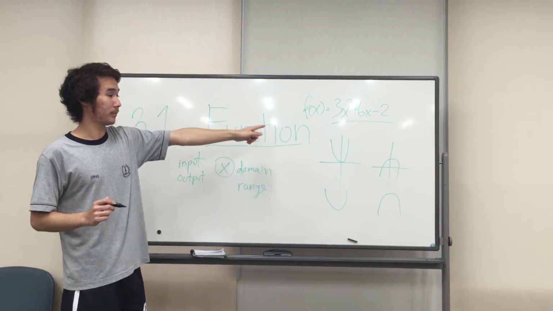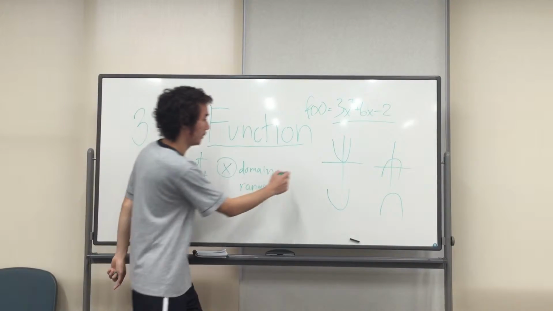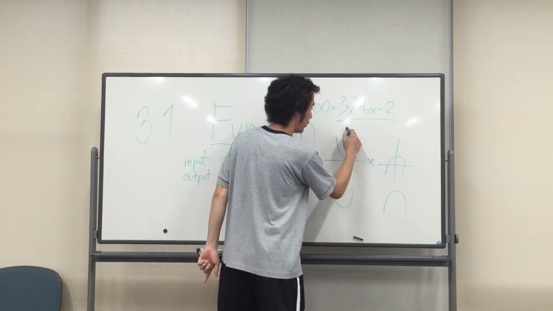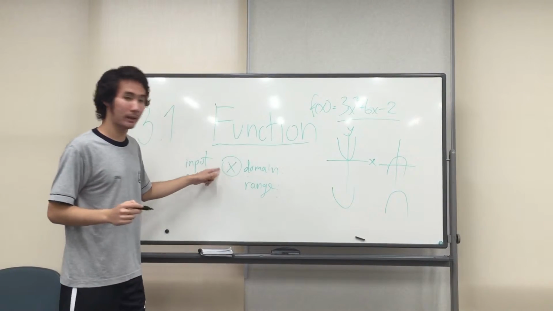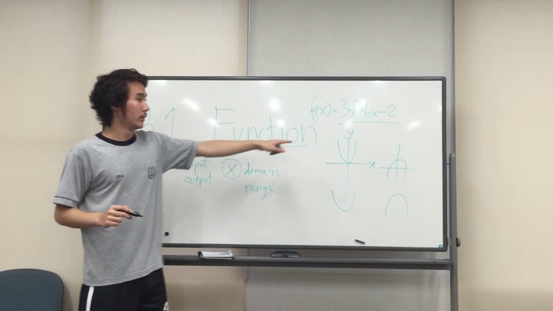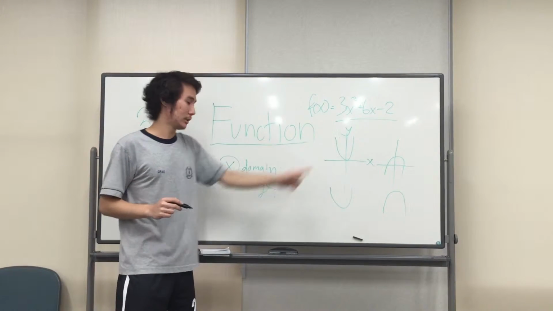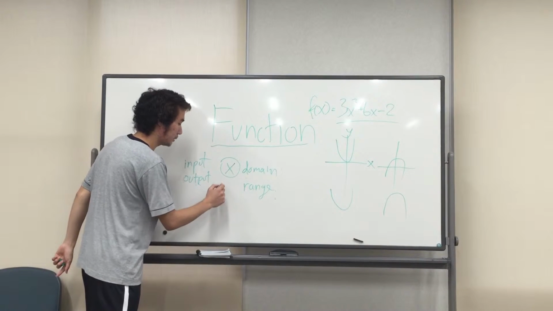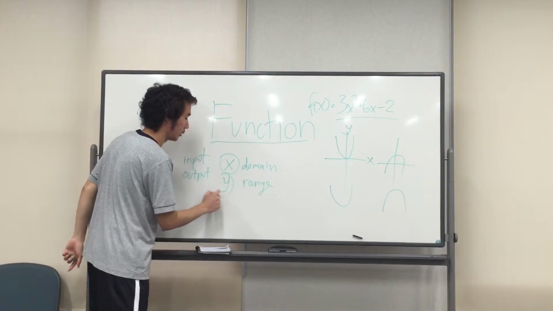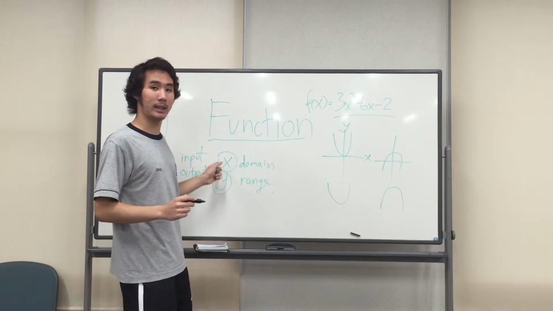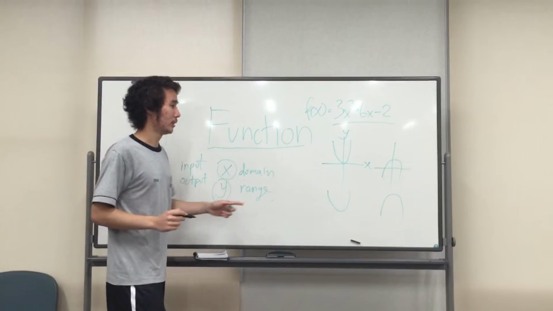So in this function, we have two axes, right? We have the x axis and the y axis. So now we have x already. The other variable is y, so the output is represented by y. So domain is x and range is y.